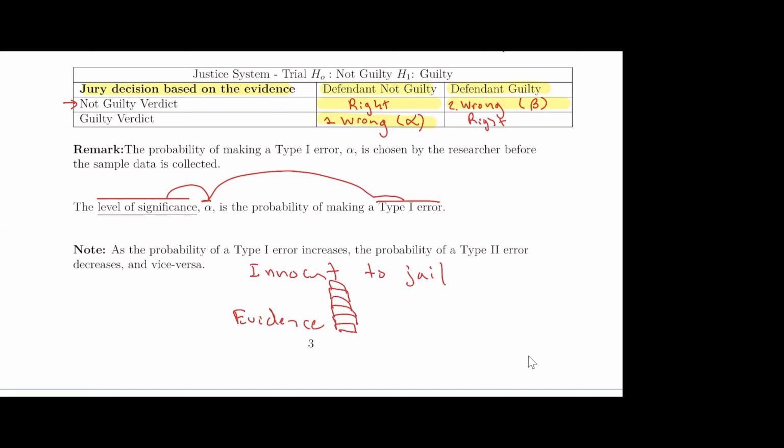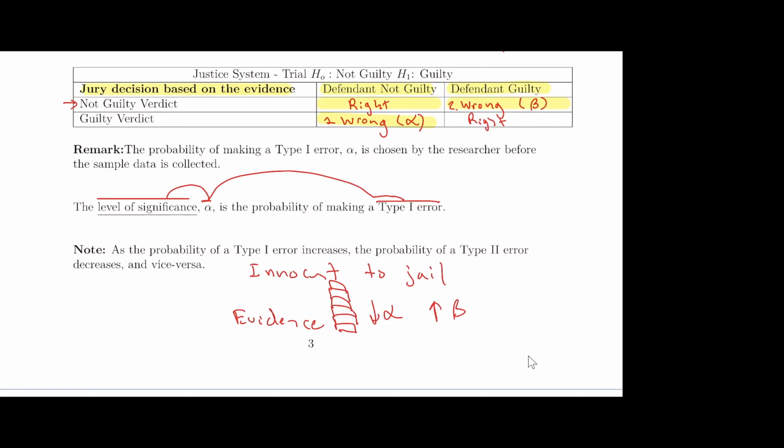So if you need so much evidence, the chances of you making a type 1 error go down, but the chances of you making a type 2 error go up, because now you're letting guilty people go free because you're afraid to send one innocent person to jail. And it also works vice versa.